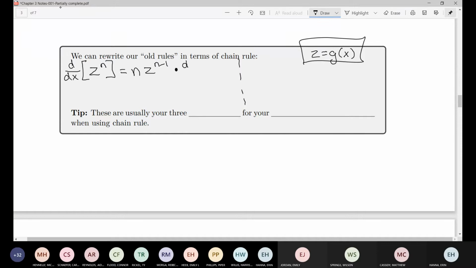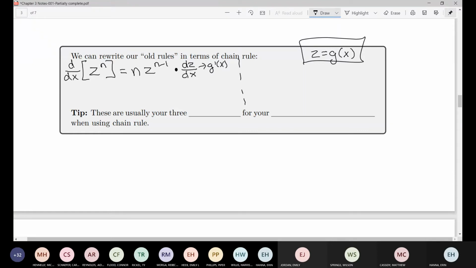But then our chain rule tells us that we have to take the derivative of whatever was inside the power. You can also think about this as a g prime of x, since I wrote g of x over to the other side.